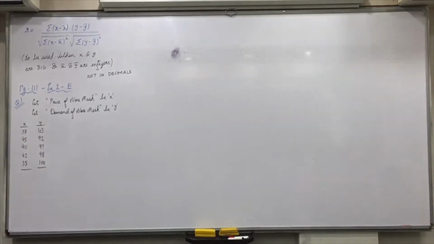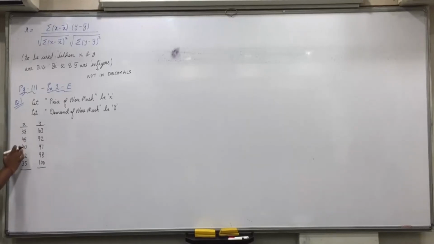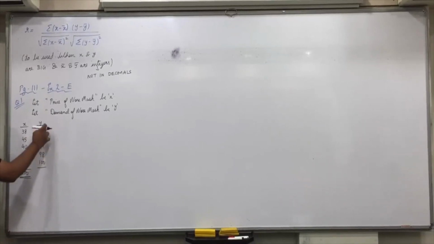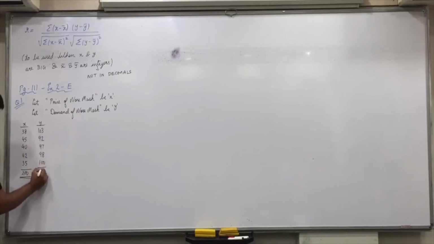As I said, the very first thing we shall do when the values are big is find x bar and y bar. So here the sum of x is 200 and the sum of y is 490.